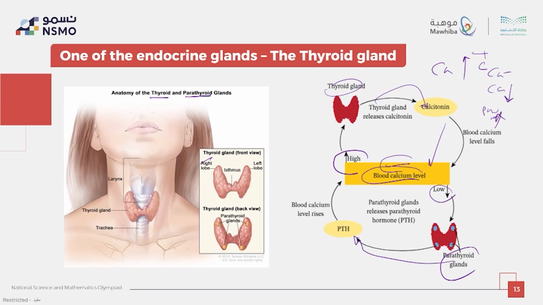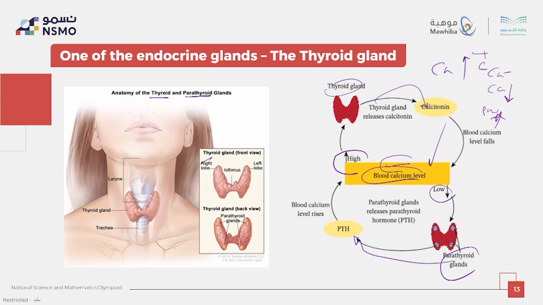The thyroid gland in the front of the neck releases calcitonin, while the small parathyroid glands behind it release PTH. The image and the diagram show how both glands switch roles to maintain calcium balance in the body.